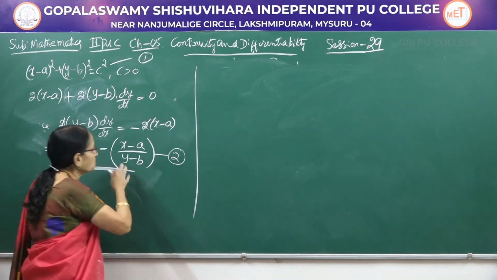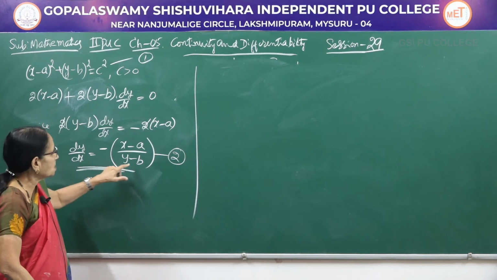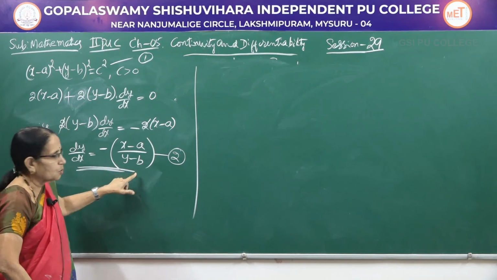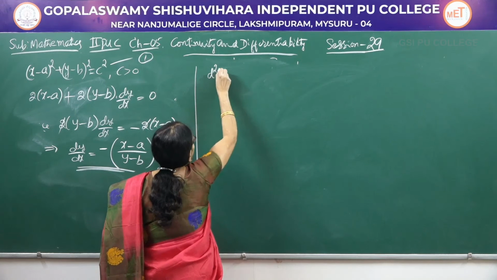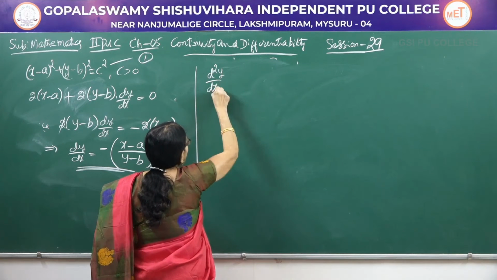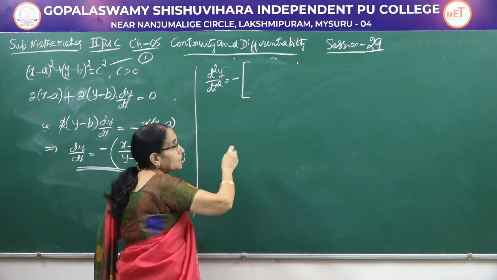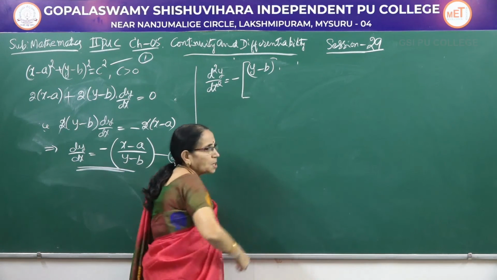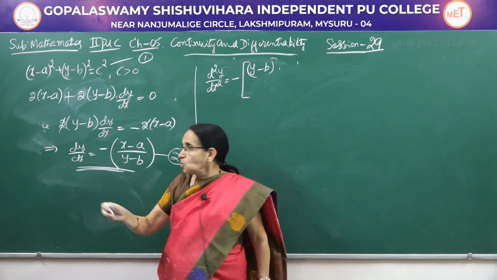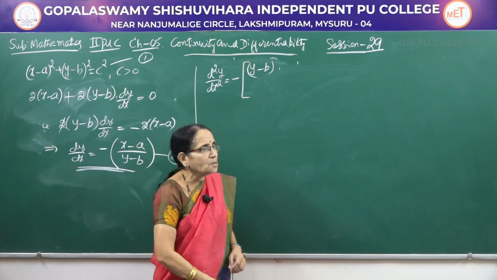Now, the first derivative we have got here, we have to consider the second derivative. Of course you have to apply the quotient rule here. So the second derivative, d square y by dx square equal to, keep that minus sign outside, apply the quotient rule. Denominator y minus b into derivative of the numerator x minus a. For x it is 1, for a it is 0.